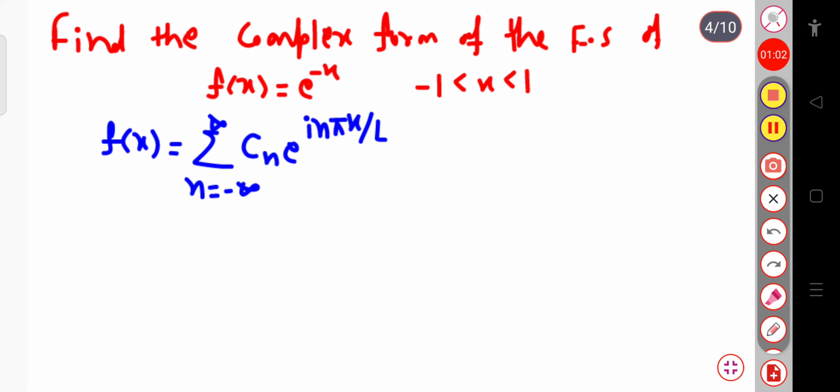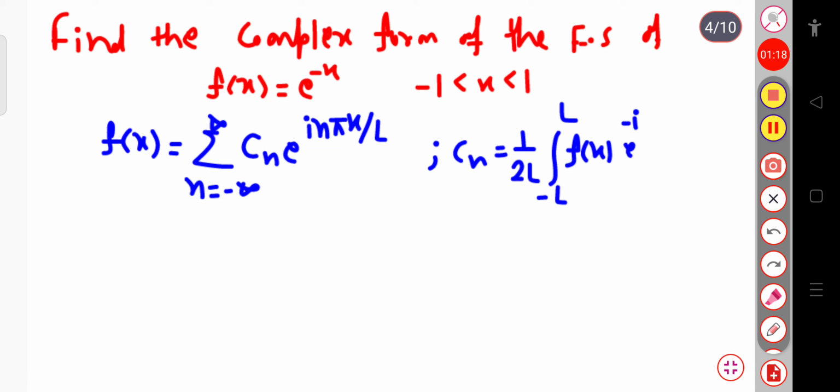So for the arbitrary interval we can write the Fourier series like this, and the coefficient Cn is equal to 1/(2L) times the integration from -L to +L of f(x) e^(-iπnx/L) dx. Okay, so this is the Fourier coefficient.